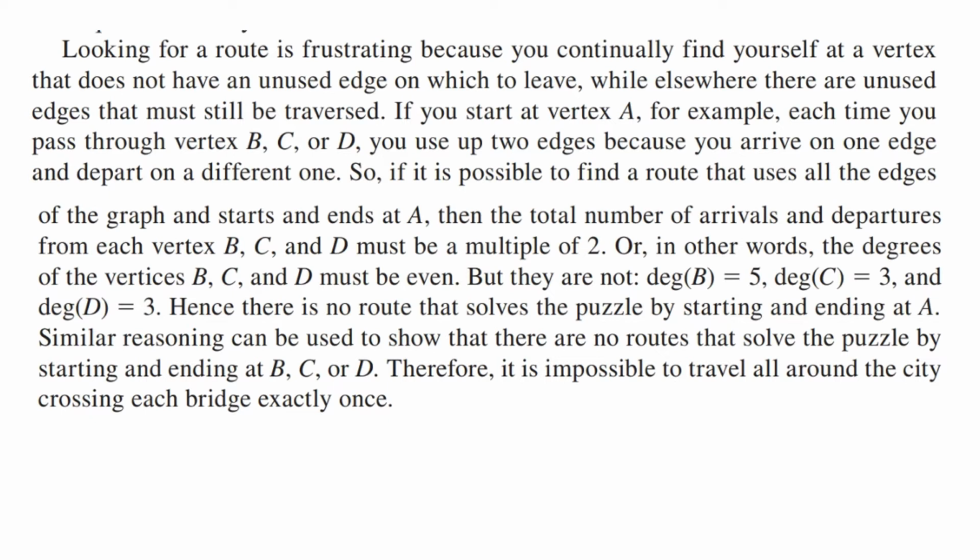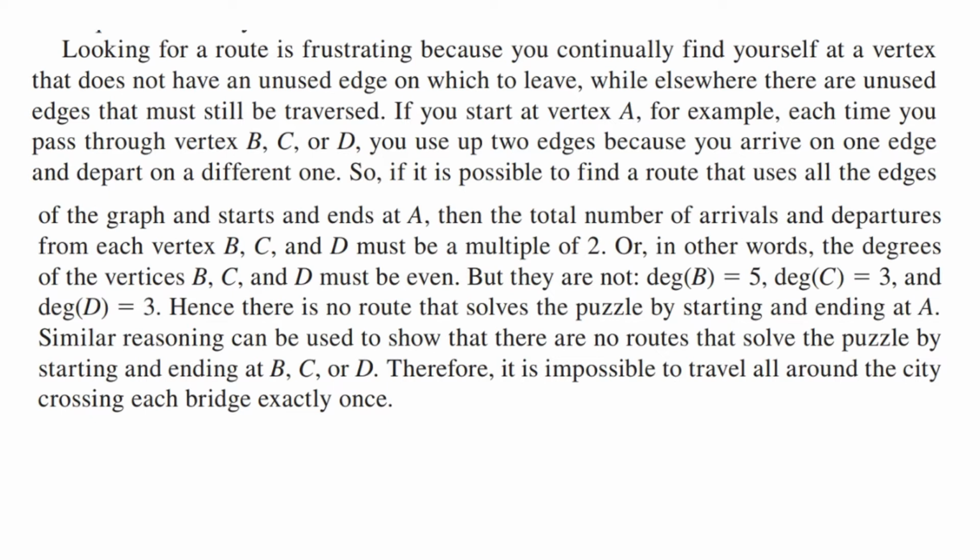So if it is possible to find a route that uses all the edges of the graph and starts and ends at A, then the total number of arrivals and departures from each of vertices B, C, and D must be a multiple of 2, or in other words, what we will call the degrees of the vertices B, C, and D must be even. But they are not.